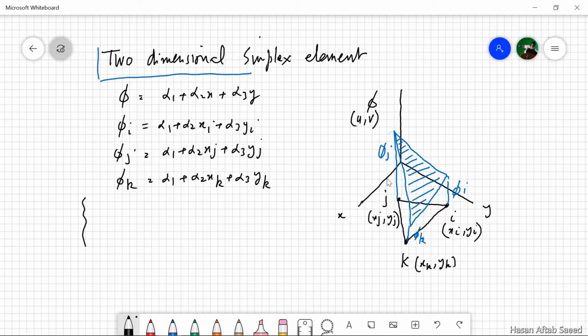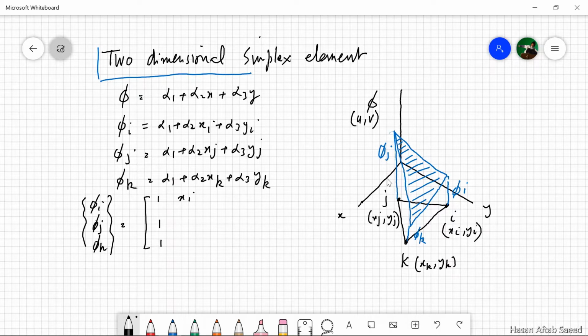And similar to the procedure done for the 1D element, we write it in matrix form like this. It's easy to remember and easy to manipulate in this way.